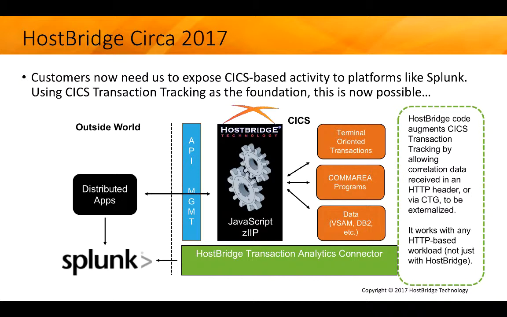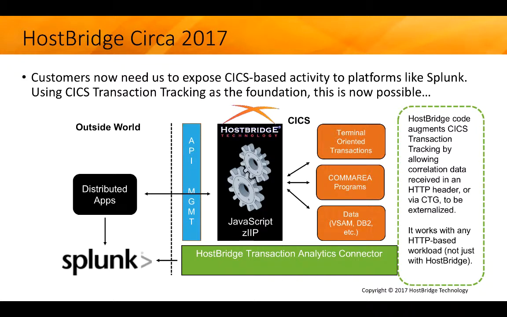And what that HostBridge code does is augment transaction tracking by allowing correlation data received from the outside world, and it might be received via an HTTP header or via a CTG COMMAREA or a container. We're allowing that correlation data to be externalized to platforms like Splunk.